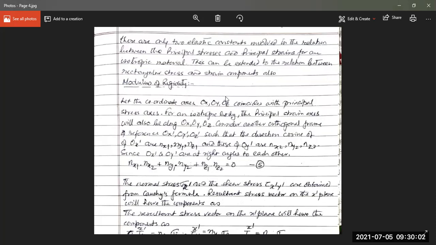Thus, instead of 36, we have only two elastic constants involved in the relation between principal stress and principal strain for an isotropic material.